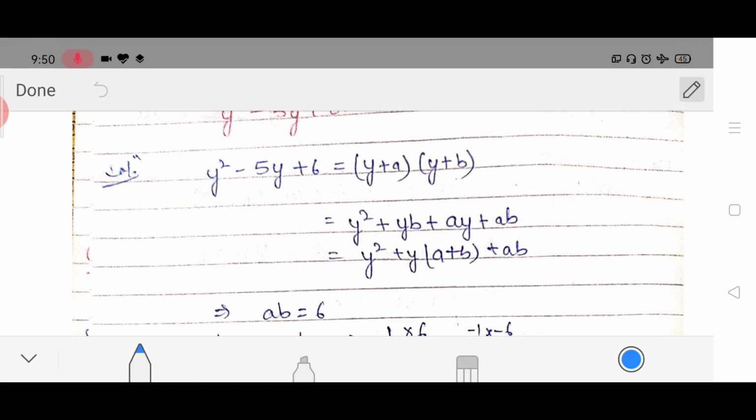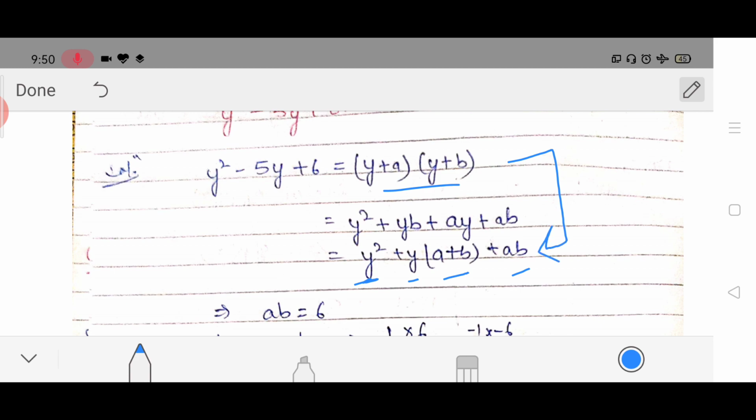After simplifying this, you will get y square plus y(a plus b) plus ab. This is our simplification of (y plus a)(y plus b).